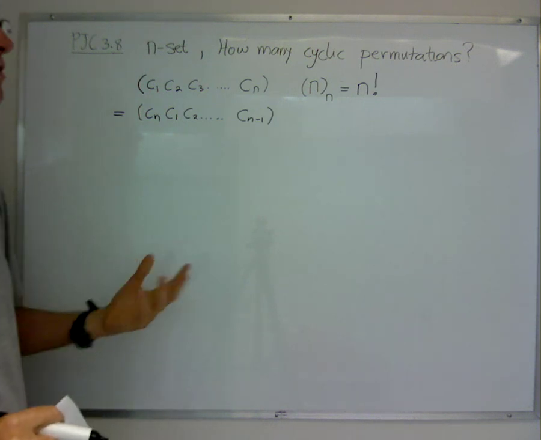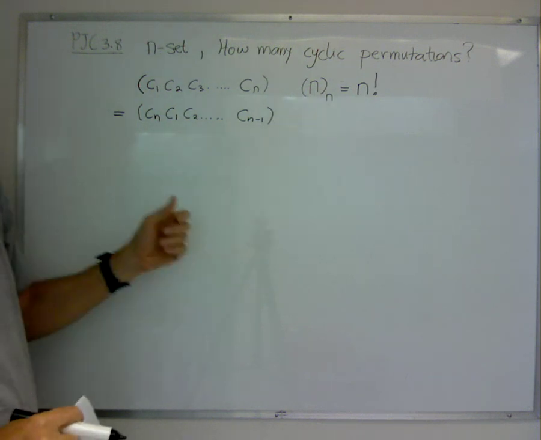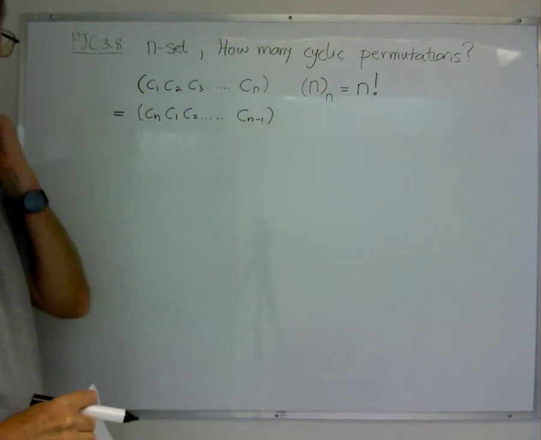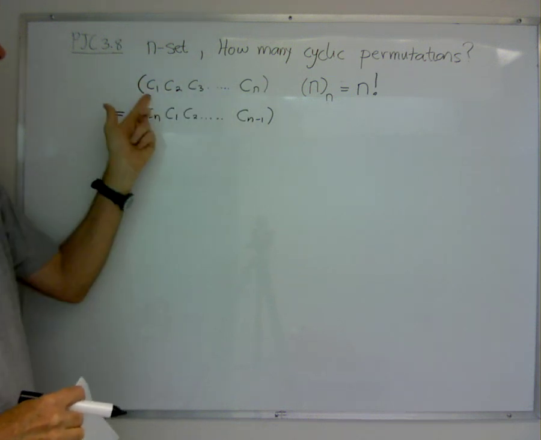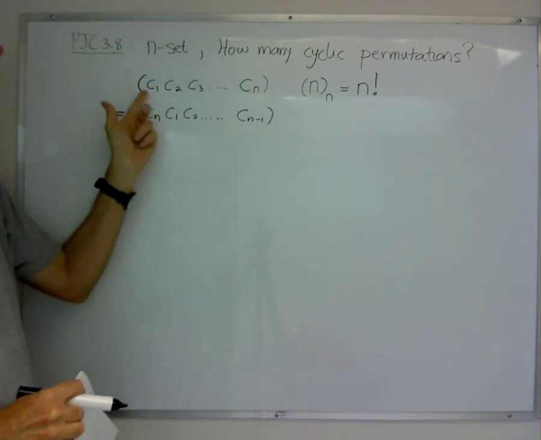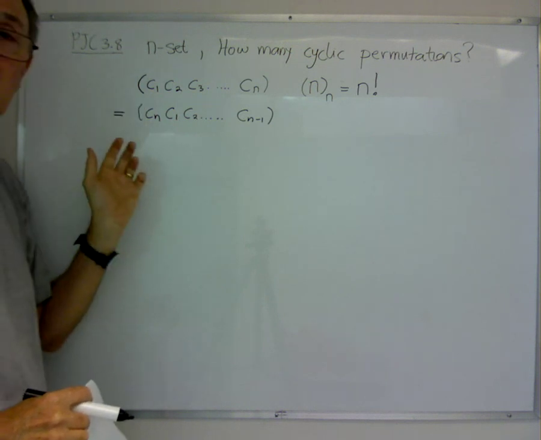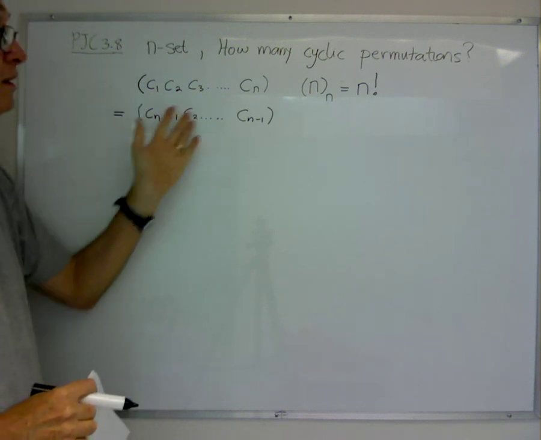And so all you have to do to correct your overcounting here is look at the number of starting points in this lineup, this order. And there are n starting points. You could have started with C1, or with C2, or with C3, up to Cn.